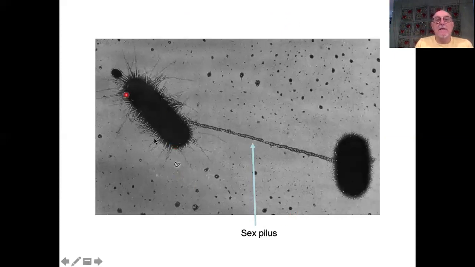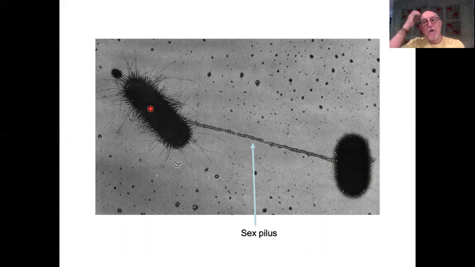Here is a cell which has extended a sex pilus to another cell. This cell is called a donor cell, and it has a plasmid, one of the small circles of DNA, with the information on it which enables this cell to create a sex pilus and extend it to a recipient cell that lacks that plasmid.